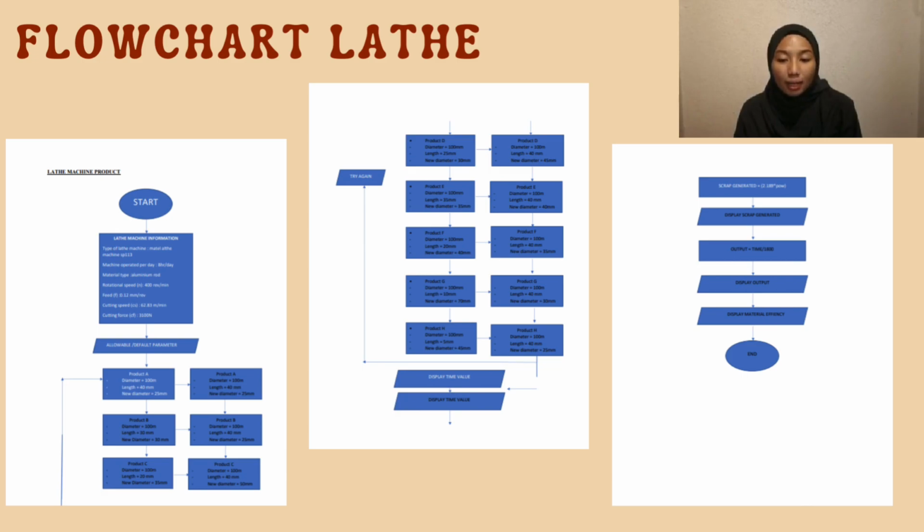And last, this is a flowchart for the lathe product, which is a shaft. Okay, in this flowchart we tell everything from the start until the end of the process. First we have to know the information, and then we load and define the parameter.